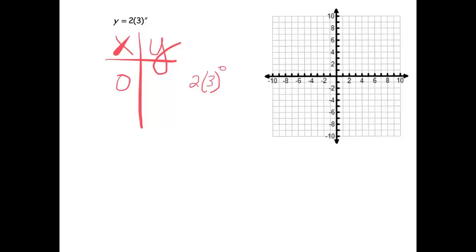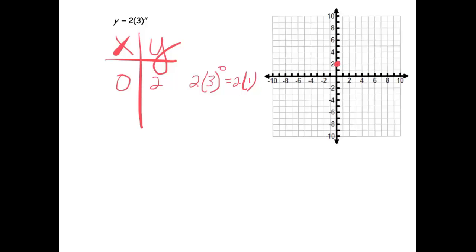So I'm going to have to do 3 to the 0 power before I do the multiplication with the 2. So 3 to the 0 power is 1. In fact, anything to the 0 power is 1. So this becomes 2 times 1, which is 2. And we could put that on our graph. So we have a point at 0, 2.